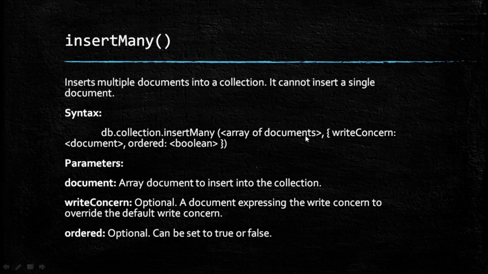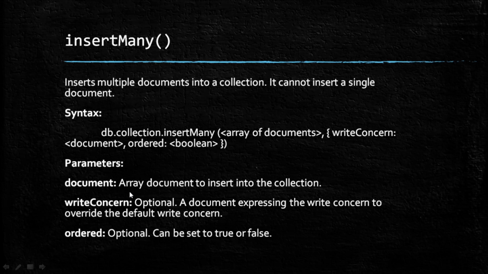If you see our insert method, it allows one document or an array of documents, but in this case we will use only an array of documents. After that comes the write concern, and the last one is ordered.